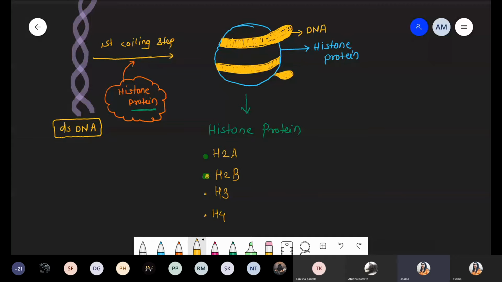But now what happened? Basically, H2A has a total of 2 subunits. So 2 subunits of H2A, 2 subunits of H2B, 2 subunits of H3 and 2 subunits of H4. So 2 plus 2 plus 2 plus 2.